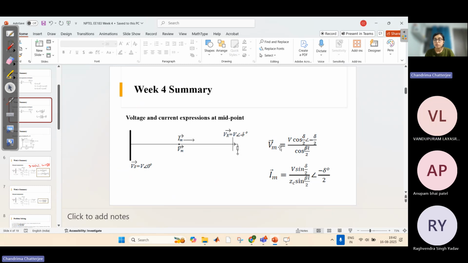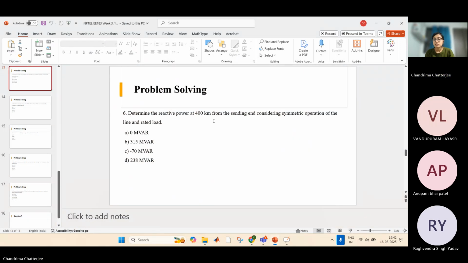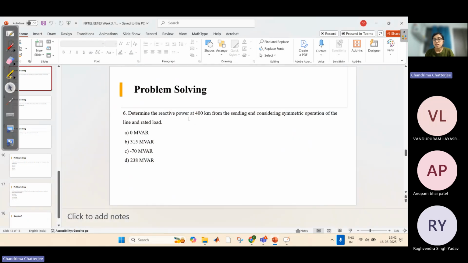So from this you can understand that if voltage and current are in the same phase, there is no question of reactive power, because sine phi becomes 0. So there is no reactive power. That's why in this question it has been asked at 400 kilometer from the sending end, and the line length here was 800 kilometer.